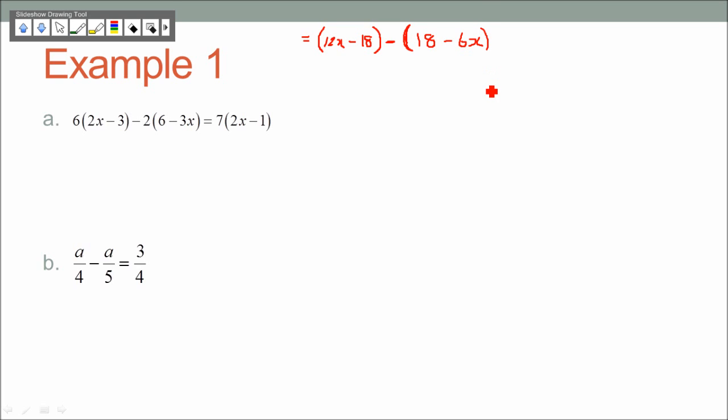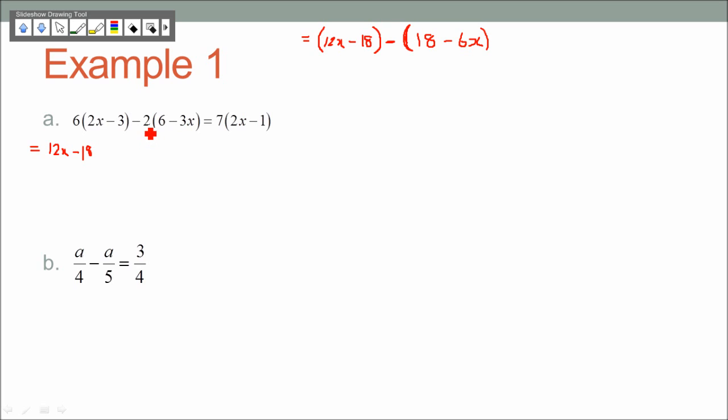Now there is another way to approach this question. Instead of adding more brackets, if you find that confusing, what you could do instead is lay everything out before you start combining your like terms. So you've got 6 times 2x, which is 12x, 6 times minus 3, which is minus 18. Now to help you not get confused with this minus sign, incorporate it into the 2 here when you're expanding.